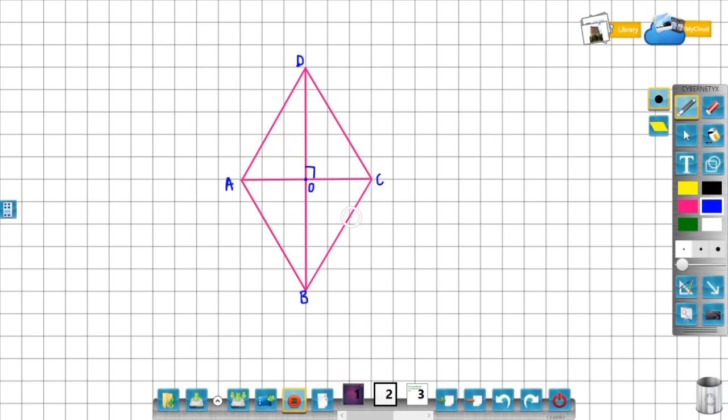You can measure the angles formed by the diagonals, that is angle ADO, ODC, angle OBC, angle OBA, angle OAB, angle OAD and angle OCD and angle OCB. You can measure and check their measurement whether they are equal or not.